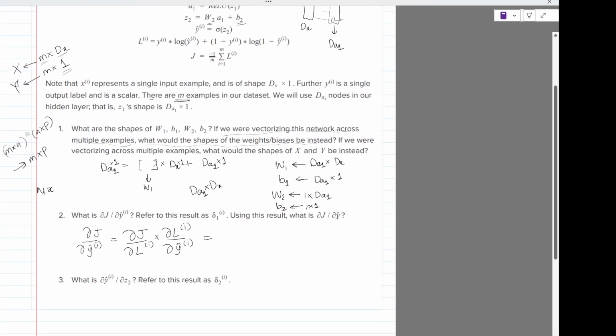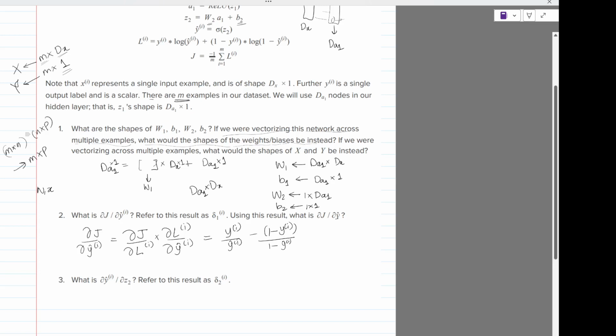Formula is y by y hat i minus 1 minus yi upon 1 minus y hat i.